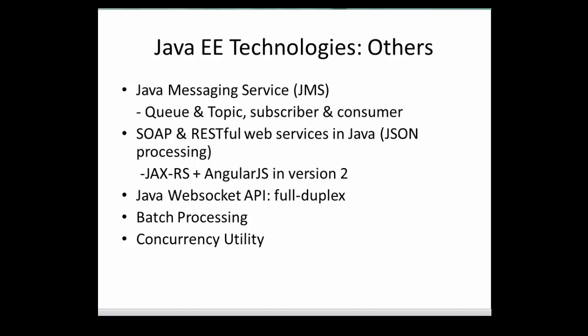Though I prefer to write RESTful web services rather than SOAP, I will be exploring the two sides of these technologies. Then, in version 2 of the application we'll be building, we change the user interface side to using AngularJS. I'll be teaching you about AngularJS in that version 2. We'll be using JAX-RS, RESTful web services in Java. Very cool stuff there. I've used it a lot and I enjoy writing JAX-RS web services.